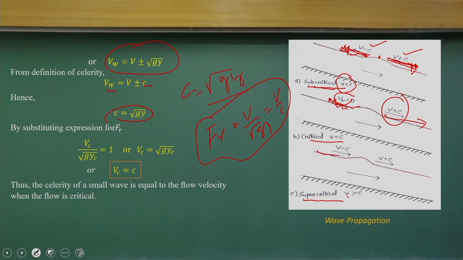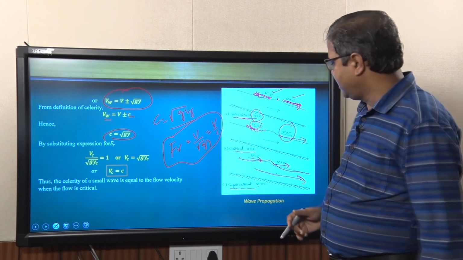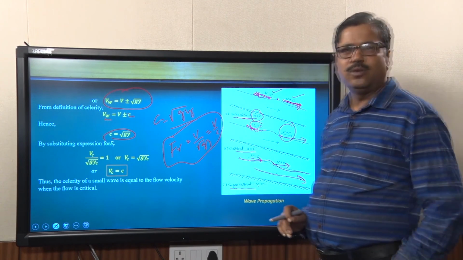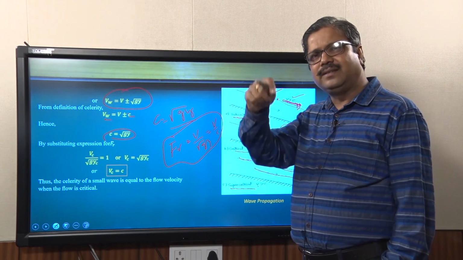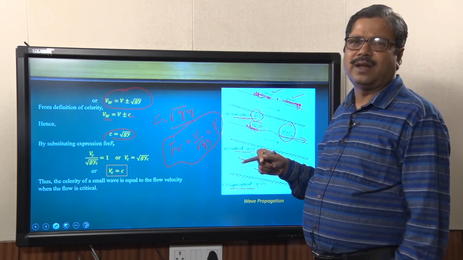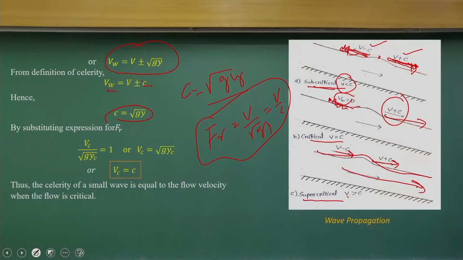That means in the case of supercritical flow, we will have wave propagation with both directed downstream. Whatever disturbance you make, it propagates downstream. From the flow point of view, when you have supercritical flow, it is upstream control, because anything you do in the upstream is propagated to the downstream. So we call supercritical flow an upstream control system.